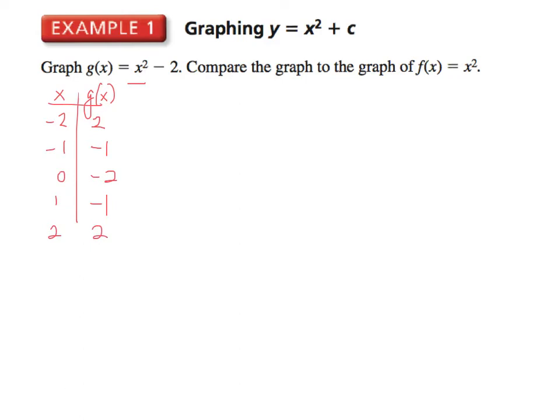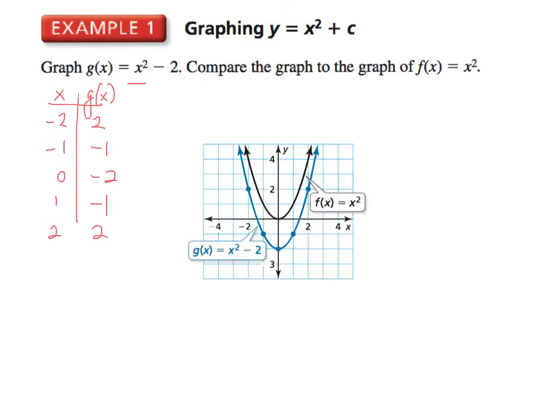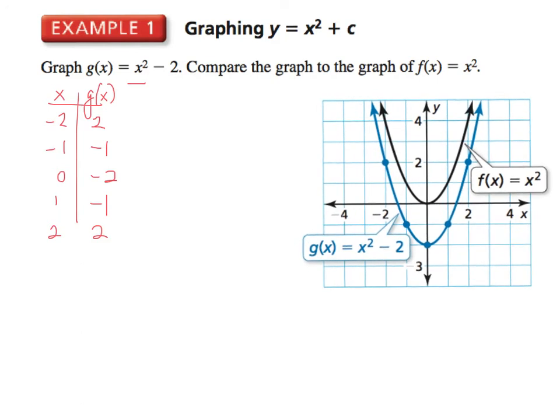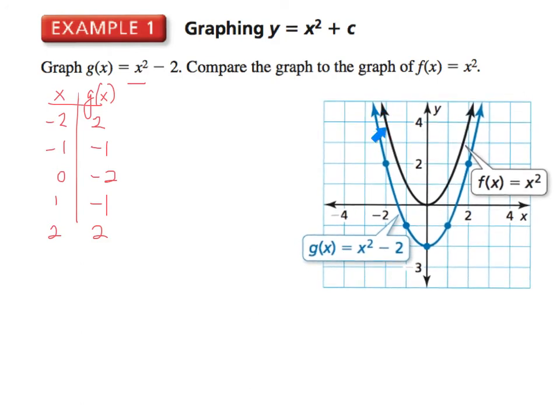If we graph this, and I'm going to graph the parent function too. We do not have to, but I am. It would look like this. Here's your blue graph, g of x, and the parent function has just been slid down too. So it says compare it. Well, we could say both graphs do what? They both open up.